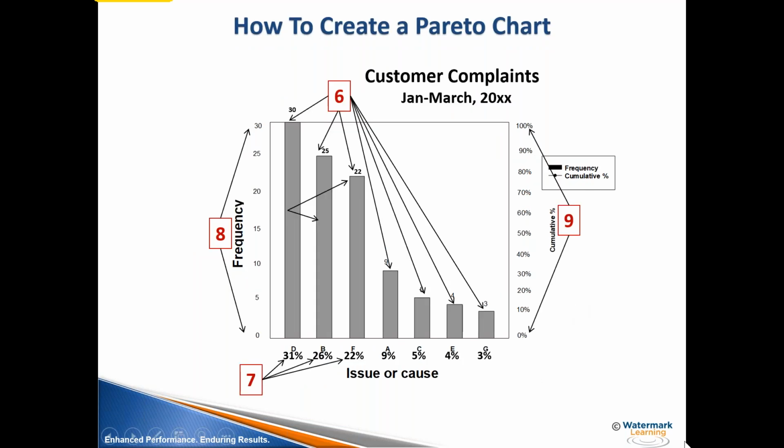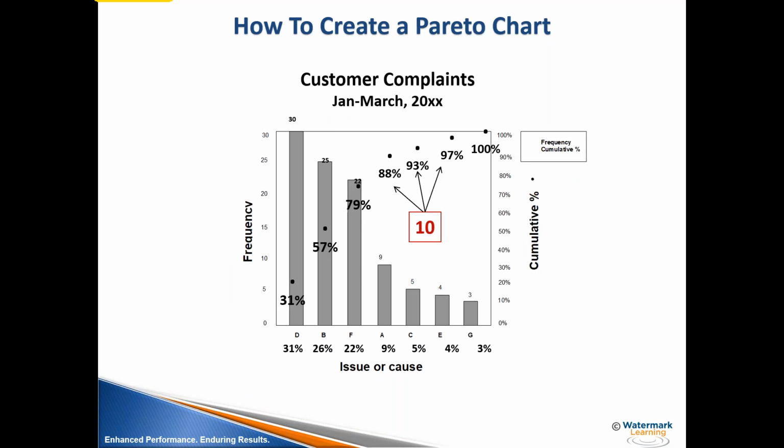Once your data is collected, then you array it according to the most frequent on the left down to the least frequent on the right. And so you set up the chart, and again, Excel is great for doing this. And I'm not the most brilliant Excel person, but I figured it out using charting, and so it's not super difficult. And so you lay out the percentages, and you start seeing some patterns.